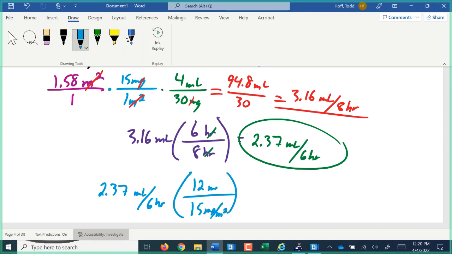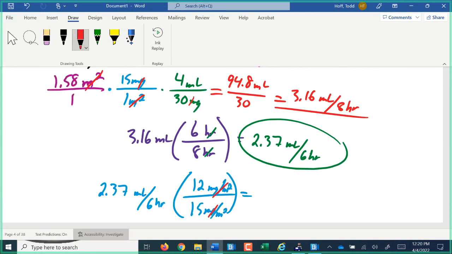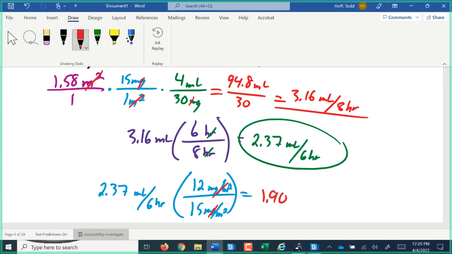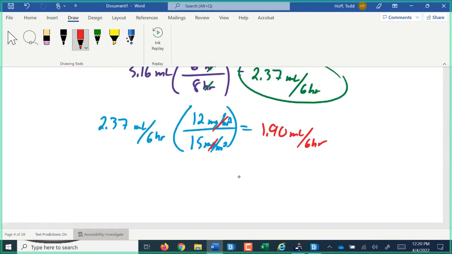The minimum would be 12 milligrams per meter squared. 2.37 times 12 divided by 15. We'll round that to 1.90 milliliters over 6 hours. So our recommended range here is 1.90 to 2.37 milliliters every 6 hours.